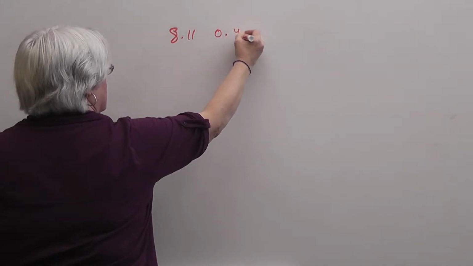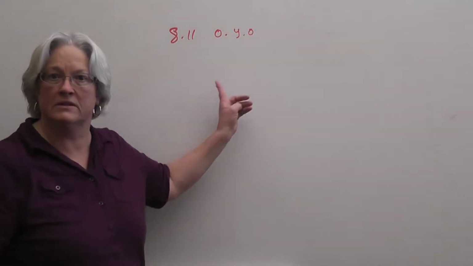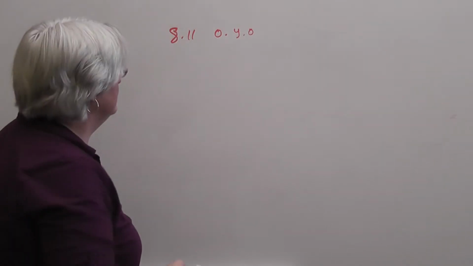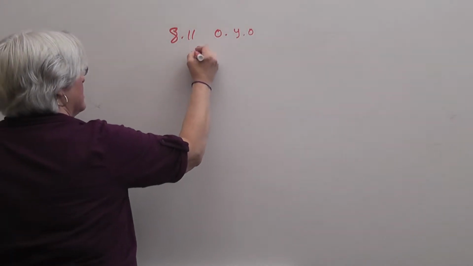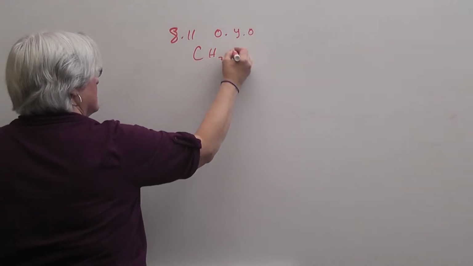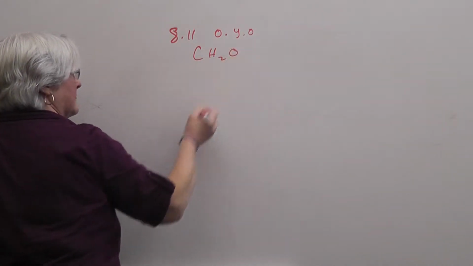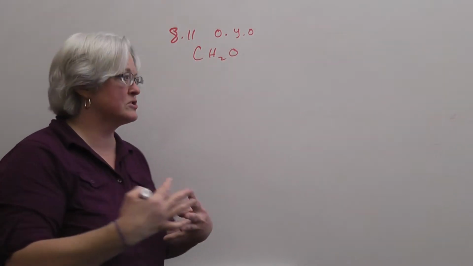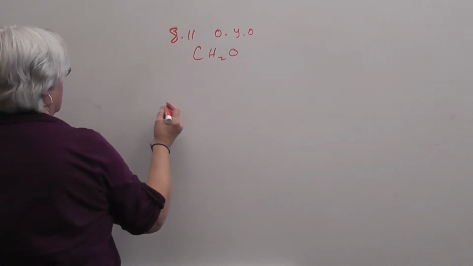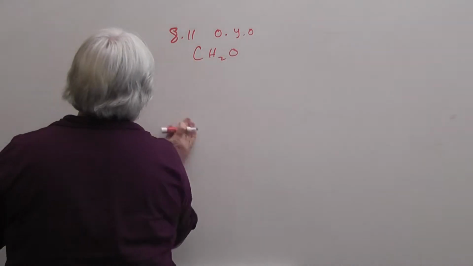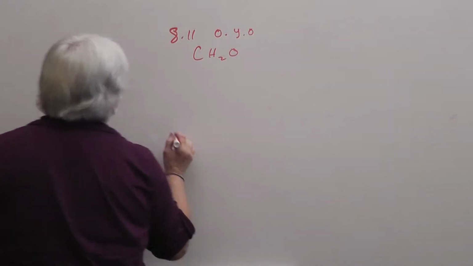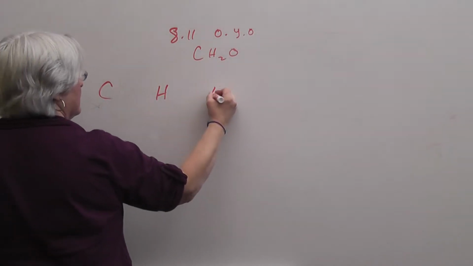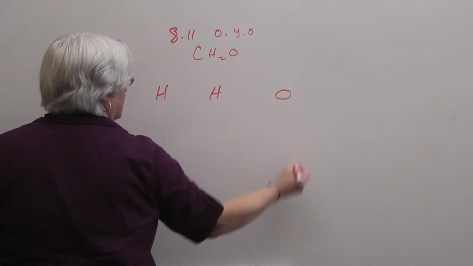Okay, determine the Lewis structure for CH2O. What they told us to do was go ahead and just write out each atom individually. We have a C, and we have 2 H's, and we have an O.